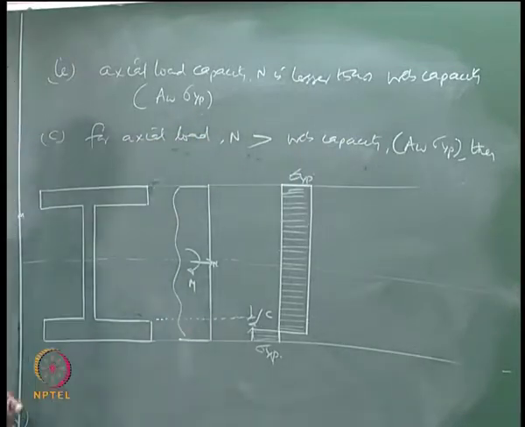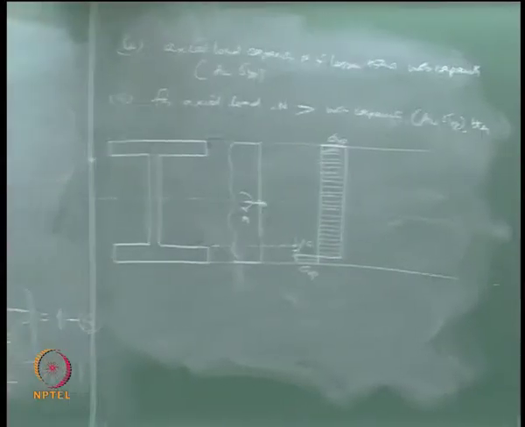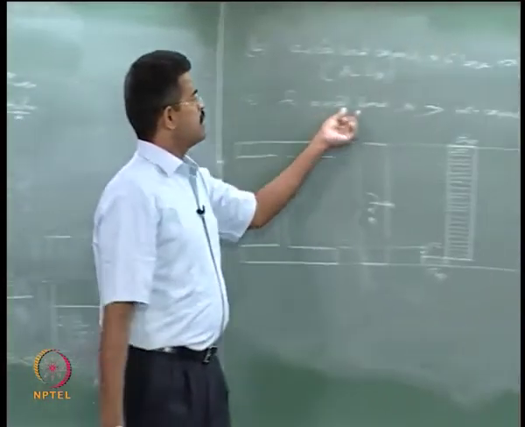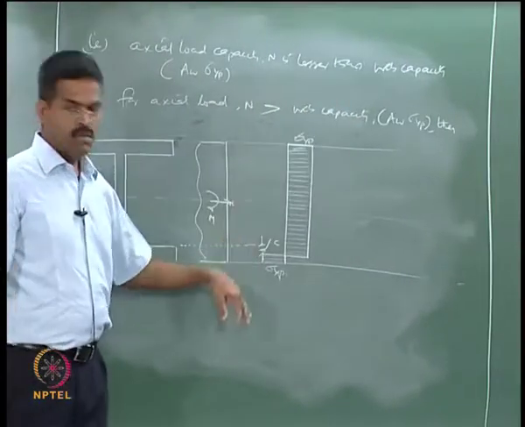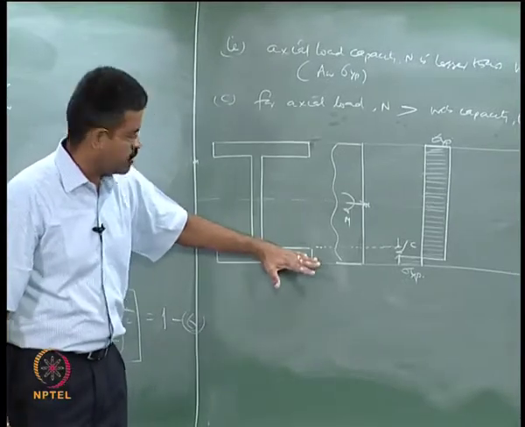Very simple. If the axial load carrying capacity is lower than the web capacity, obviously the 0 stress axis lies in the web. Okay. Since the axial load capacity is much more than the web capacity, it comes to the flange. It has come to the flange now, somewhere here.